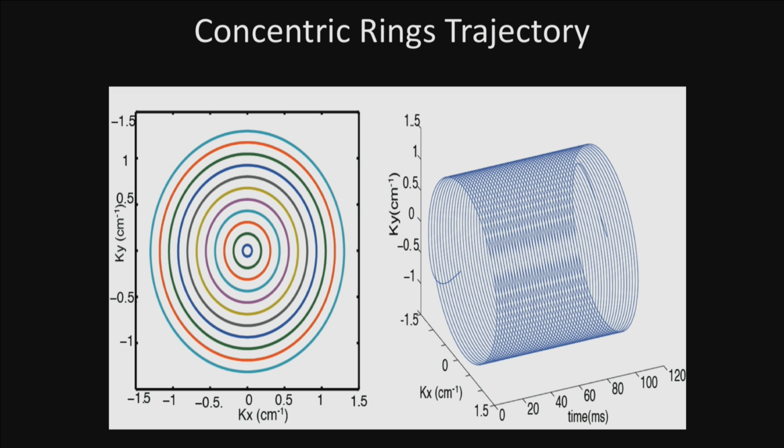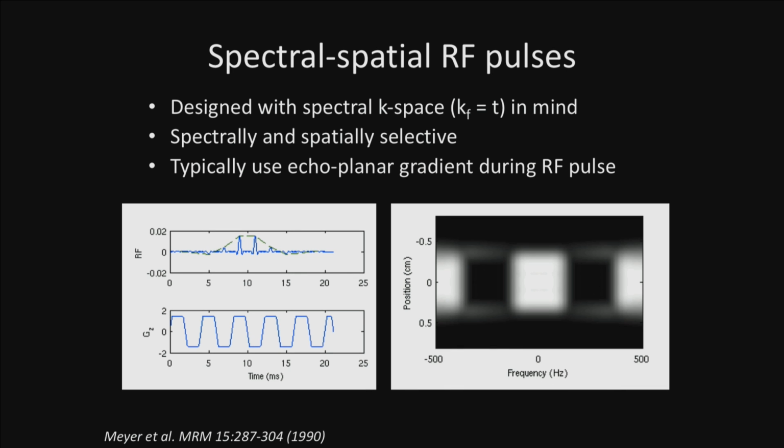So that, in a nutshell, is how we add imaging to a spectroscopic experiment. And for the remainder of the time here, I'm going to look at the concept of spectral-spatial RF pulses.